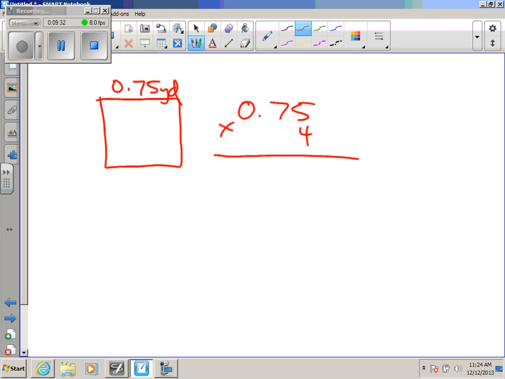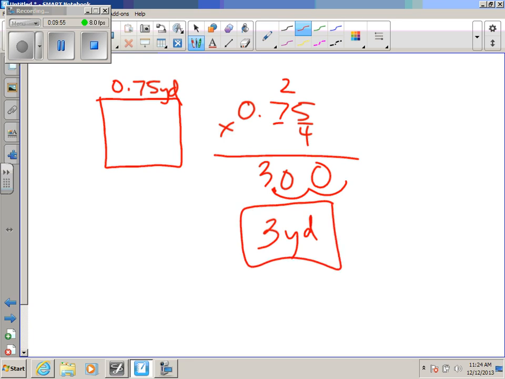When I multiply with the decimal, when do I take care of the decimal? Last, at the end. So we're going to multiply like we normally would. 5 times 4, 20. 7 times 4 is 28, plus 2 is 30. Okay? However, make sure that you've got 2 decimal places, and your perimeter is 3 yards.